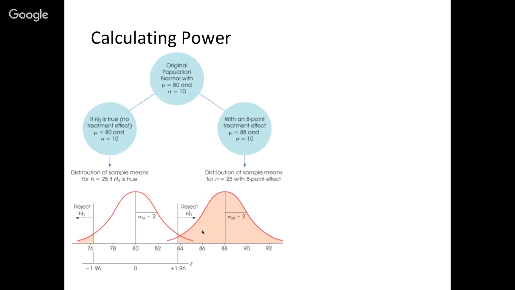If we reject the null here, it means we correctly reject the null. But even if we have this kind of distribution, there is still a probability that the sample mean will fall in this region, the small triangle.